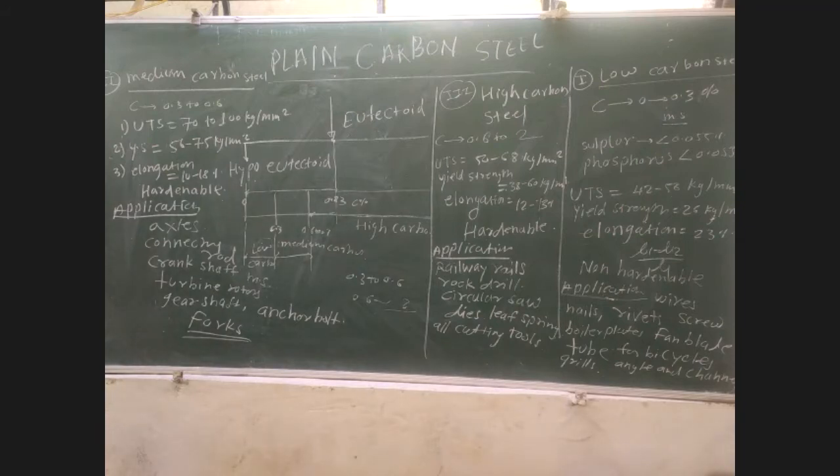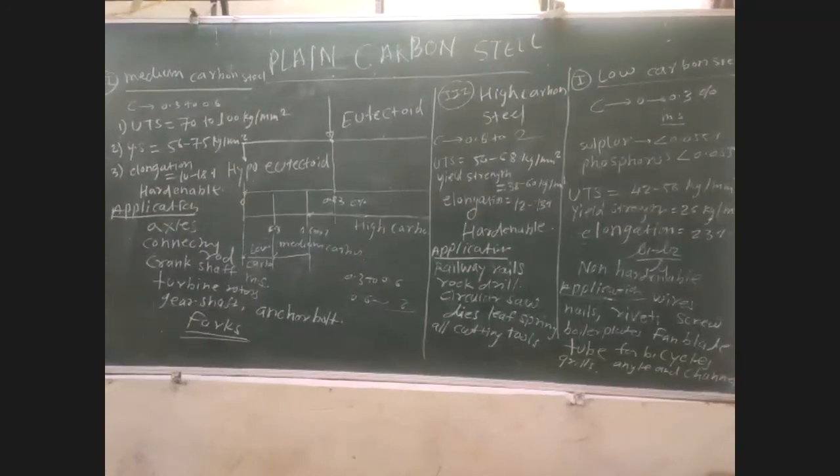Alloying elements and effect we have seen yesterday. Carbon, nickel, chrome, molybdenum. If you mix these together and make a product, it depends upon the properties of the alloying elements. The product property will change, and after heat treatment also it will change.